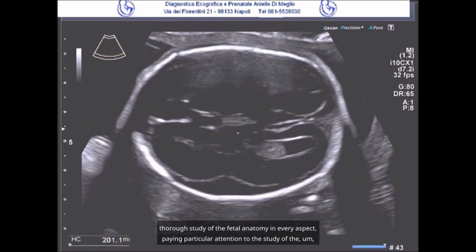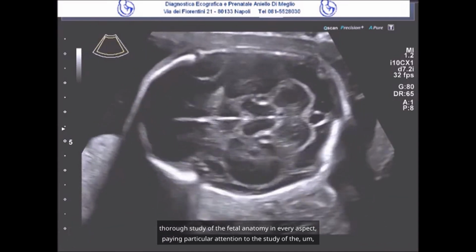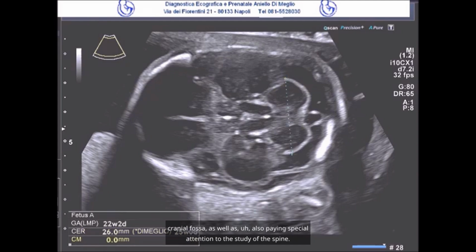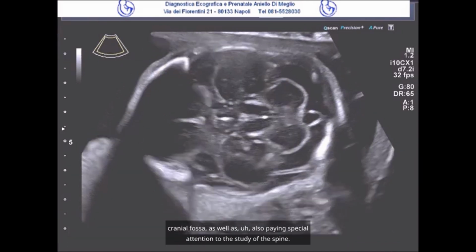It is of fundamental importance in cases of clubfoot and suspected joint stiffness syndrome to conduct a thorough study of the fetal anatomy, in every aspect, paying particular attention to the study of the cranial fossa, as well as the spine.